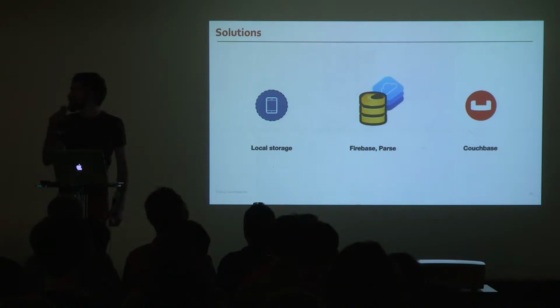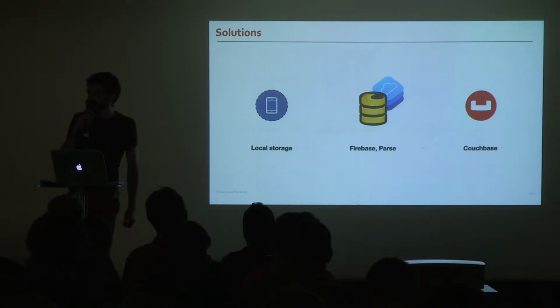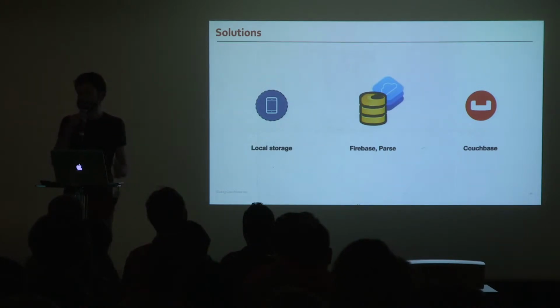And there are some totally disconnected solutions, like Dropbox. They have a very small API, and you can have some synchronization with a folder. And you can use Git, which is a good synchronization system. Or you can use Couchbase, which, to my knowledge, is the only database that offers a synchronization system.